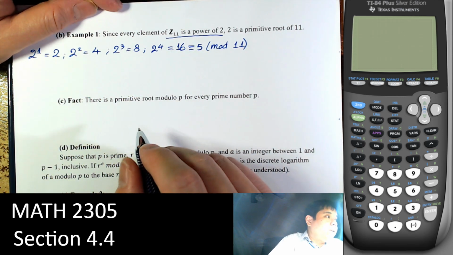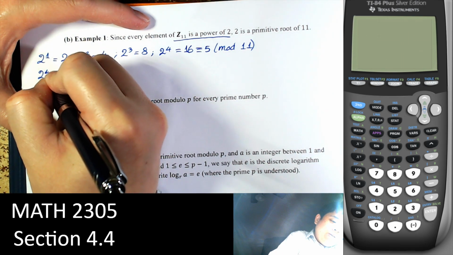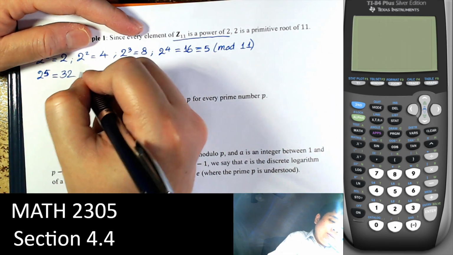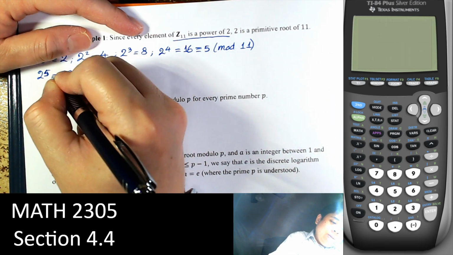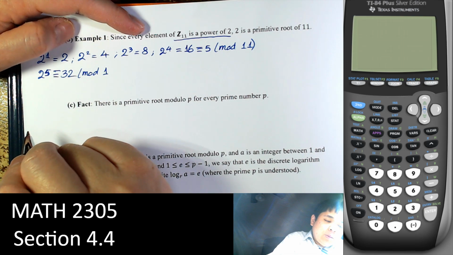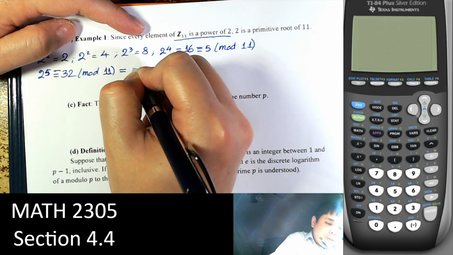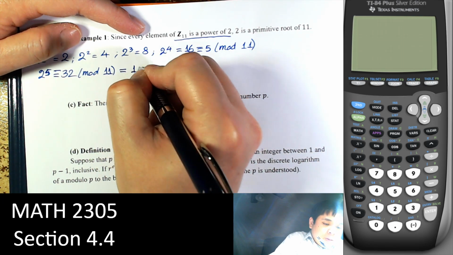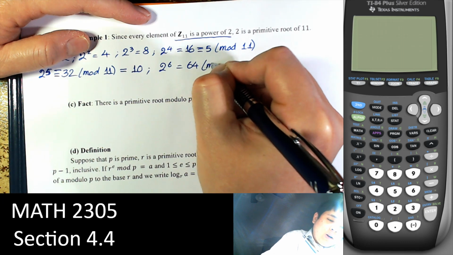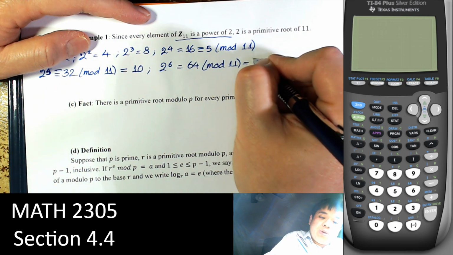Just keep going. 2 to the 5th is 32, and that is congruent to 10. 2 to the 6 is 64, and when we mod 11, 66 is good, 64 is 2 less, so that will be 9.